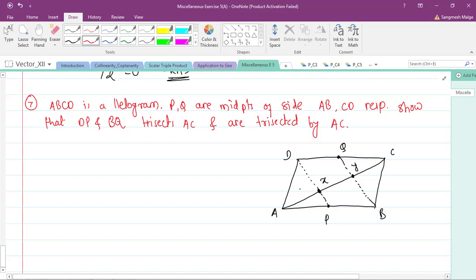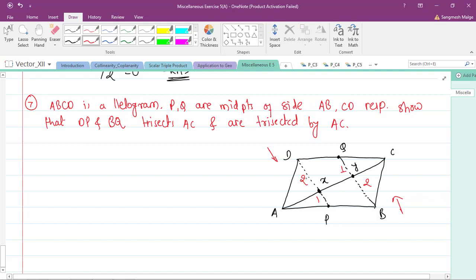These all are 1, 1, 1, the length is 1, 1, 1. And trisected by AC means this AC divides DP in the ratio 2:1, and the same AC divides BQ in the ratio 2:1. See the way they have given the question: DP is in this way and BQ is in this way. So you have to take the 2:1 ratio in that way only.